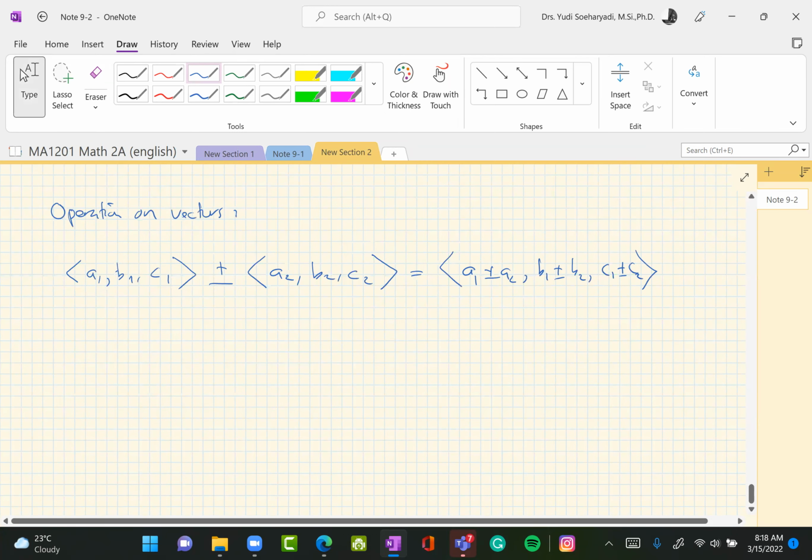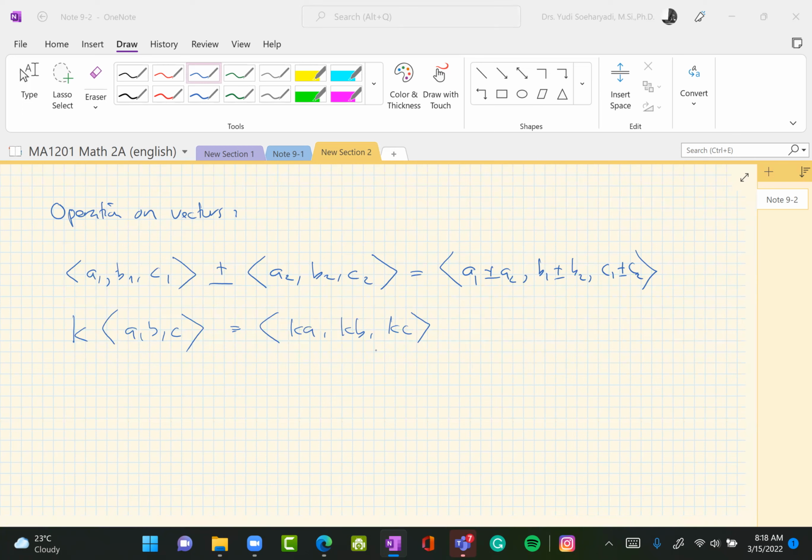Or you can multiply by a number. It's like factoring out of each component of the vector. So same thing with two components or three components. This operation is exactly the same.